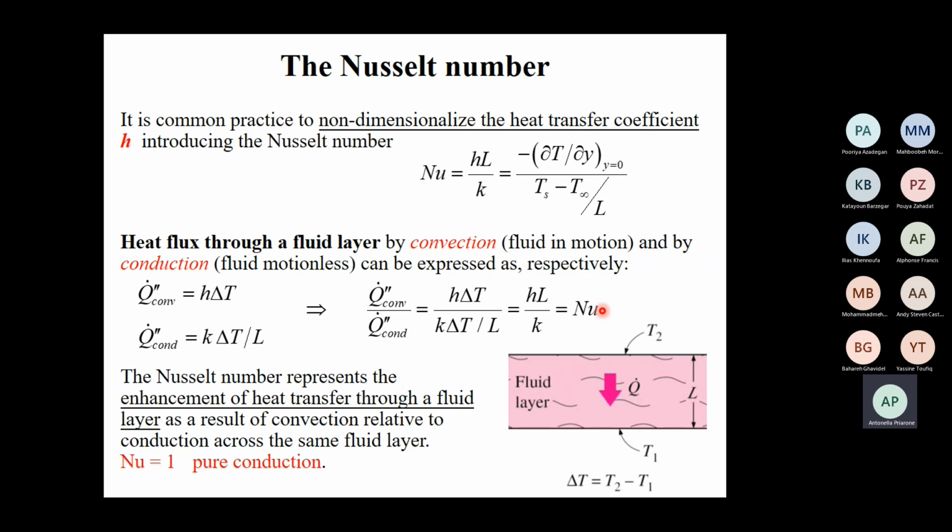That means the Nusselt number for this geometry expresses the enhancement of the heat transfer rate in this cavity due to the motion of the fluid, due to the convection.